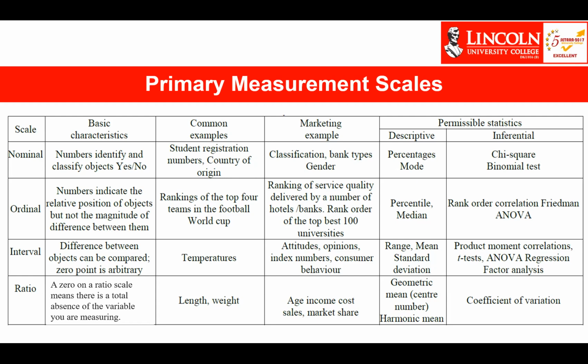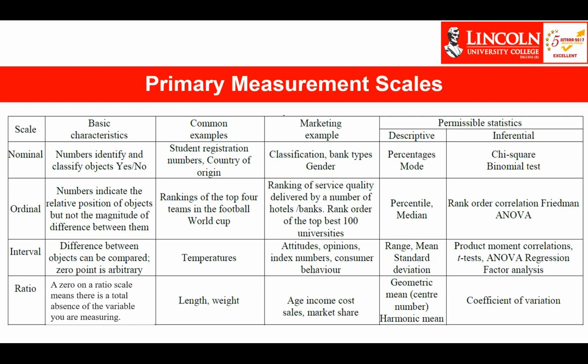Then rank order or ranking of the universities. And what are the permissible statistics on an ordinal variable? For descriptive, we can compute percentile or median. For inferential, you can perform rank order correlation, Friedman, and ANOVA.